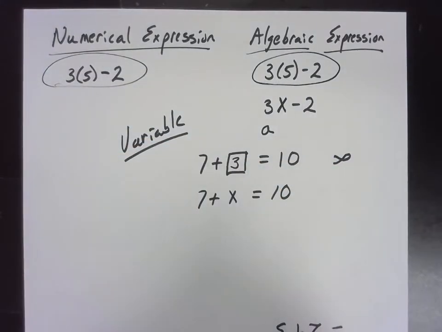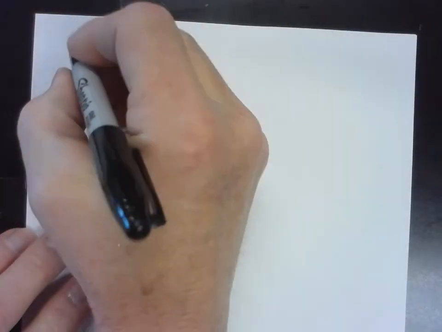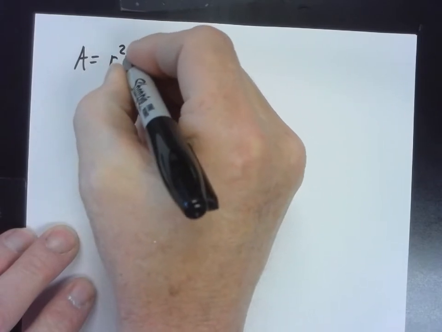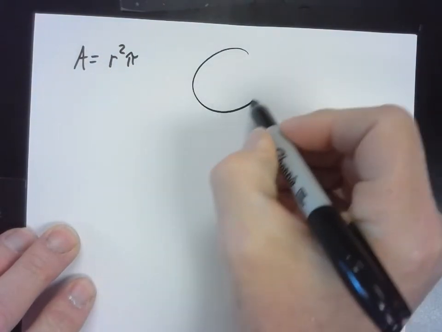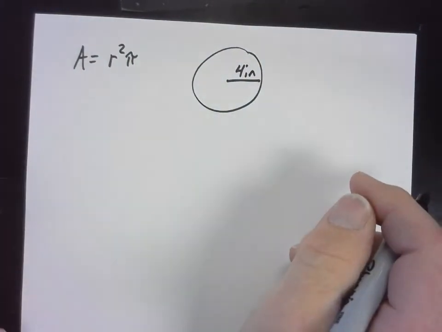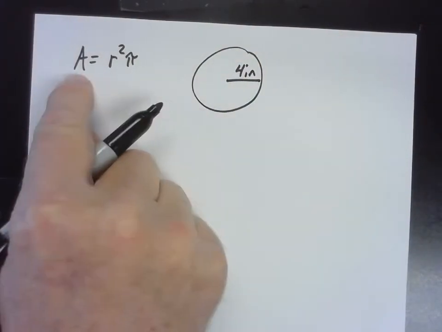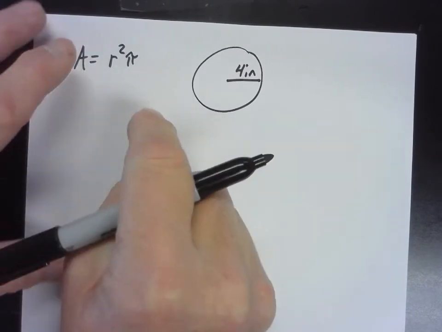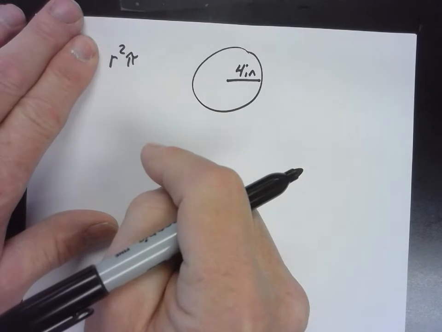Okay? And what we're going to be doing today is evaluating. We're going to start learning to evaluate algebraic expressions. And we've already been doing this to some degree. Haven't we? Haven't you noticed that when we use a formula, this is an algebraic expression.